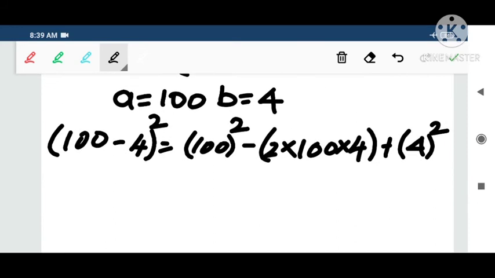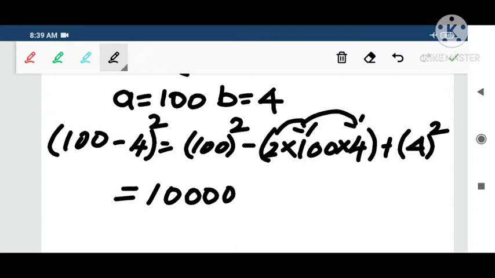If you square the value 100, what do you get? 100 into 100, how much do you get? 10,000. So 100 into 100 you get 10,000. Minus. So now you need to multiply all three values. 2 into 100, 200. 200 into 4.